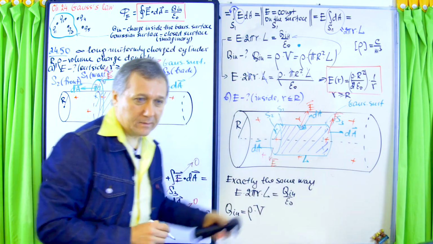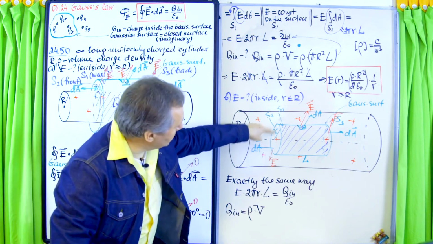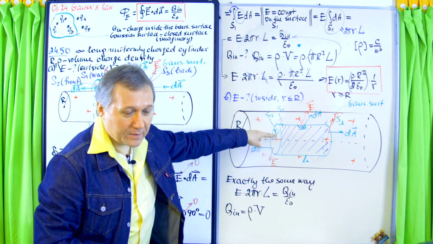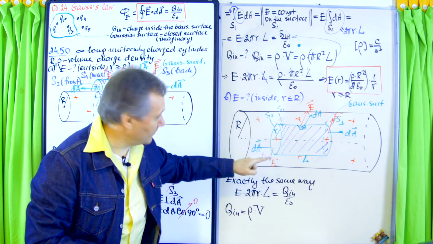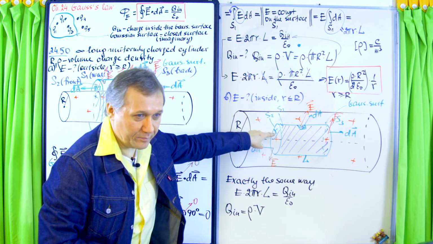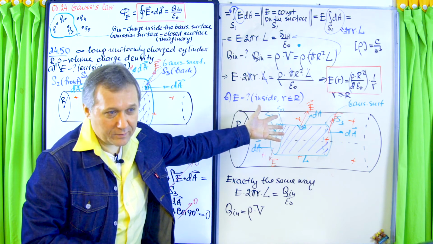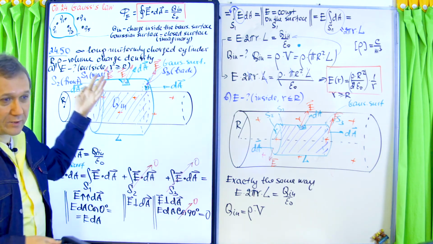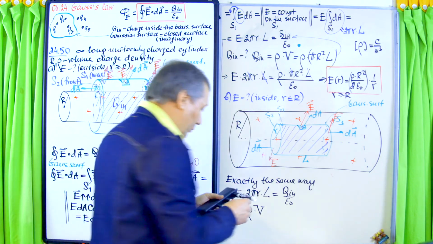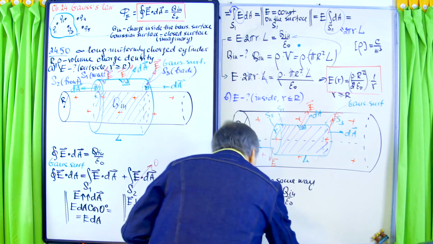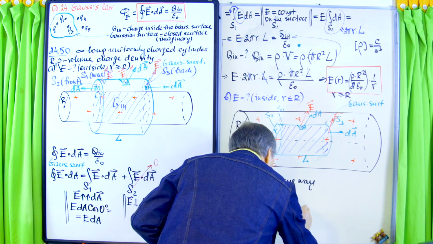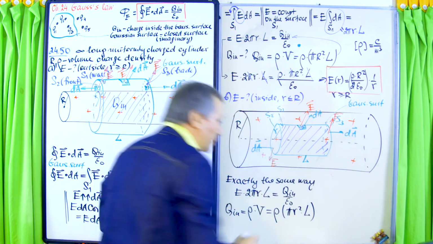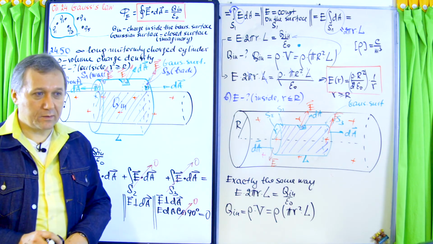Right. So what's the area of this surface? It's pi now r small squared, because this radius is r small. That's where the Q enclosed is. Here it was r capital because that's where Q enclosed was. Now it will be rho times pi r small squared and times the length of the cylinder.